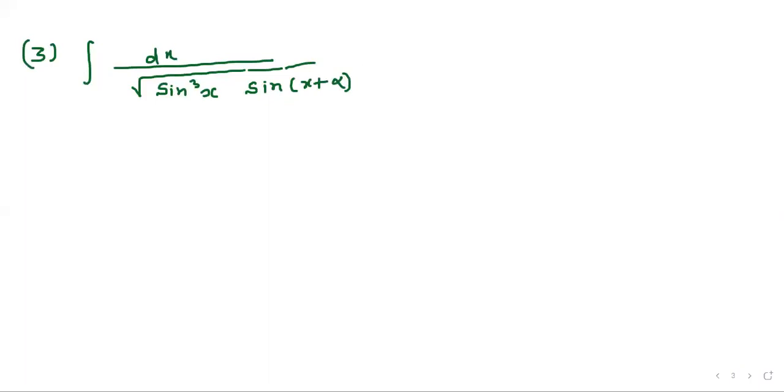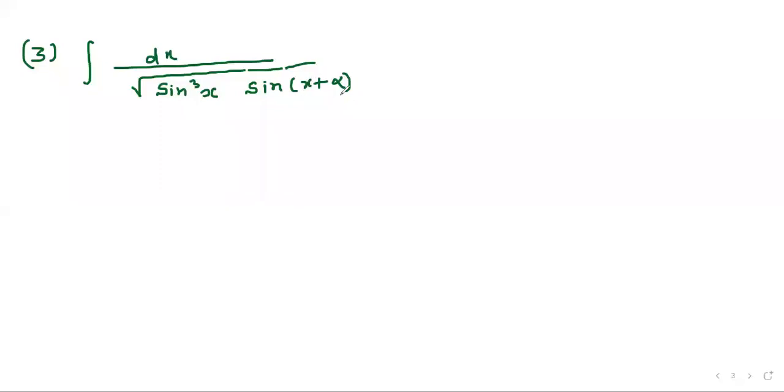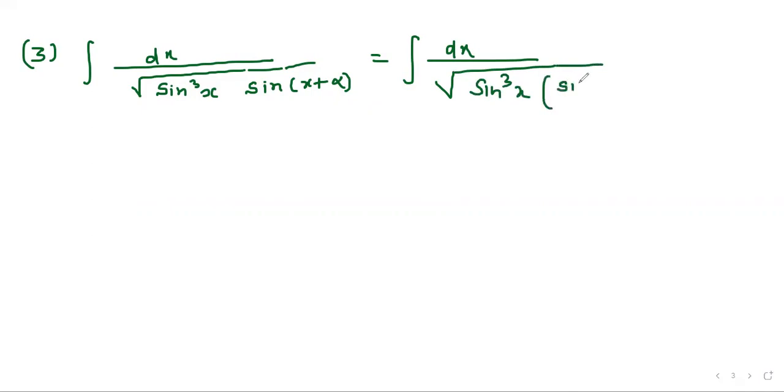Let's go to the next question. Here we expand sine x plus alpha by using the formula sine a plus b equals sine a cos b plus cos a sine b. So we will get integration dx upon root of sine cube x, and this will become sine x cos alpha plus cos x sine alpha.